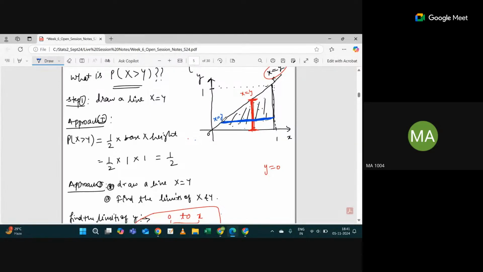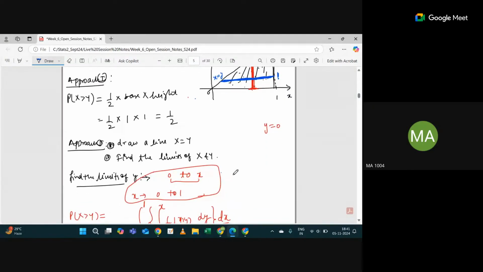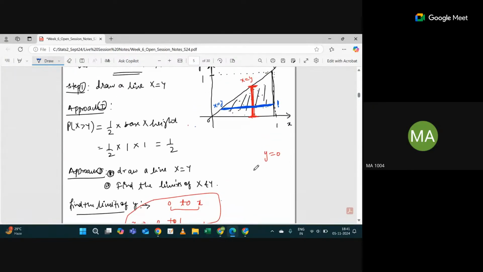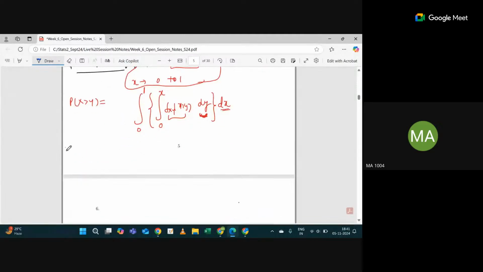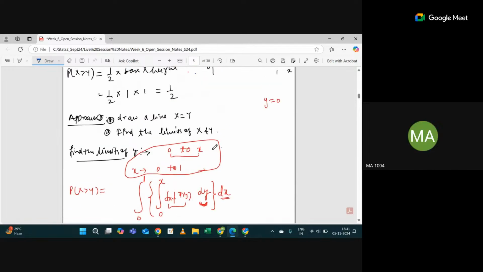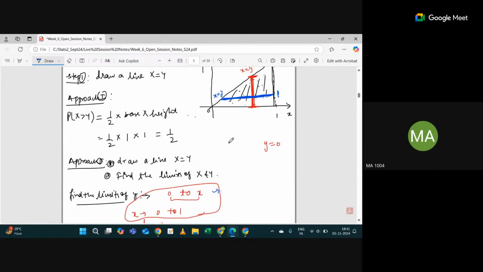So the limit of x will be y to 1. Everyone is getting this blue line part. So if you want to start with the limit of x, then my limit of x will be y to 1, and the limit of y I will take totally 0 to 1. So one limit you have to find by drawing a parallel strip.